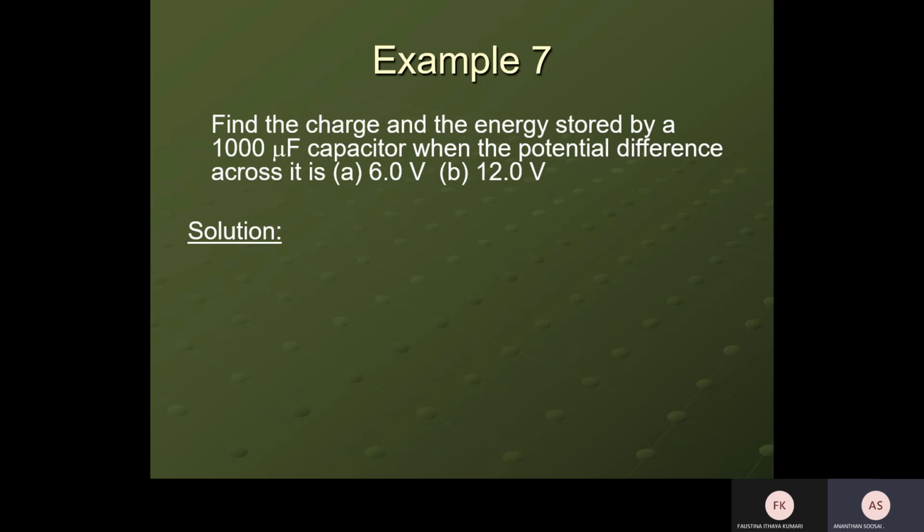The new formula is half QV. You cannot use it directly because you don't know the charge, so find the charge first, then use half QV. If they never ask you to find the charge, and you know the capacitance and V, you can use the other one, half CV squared.